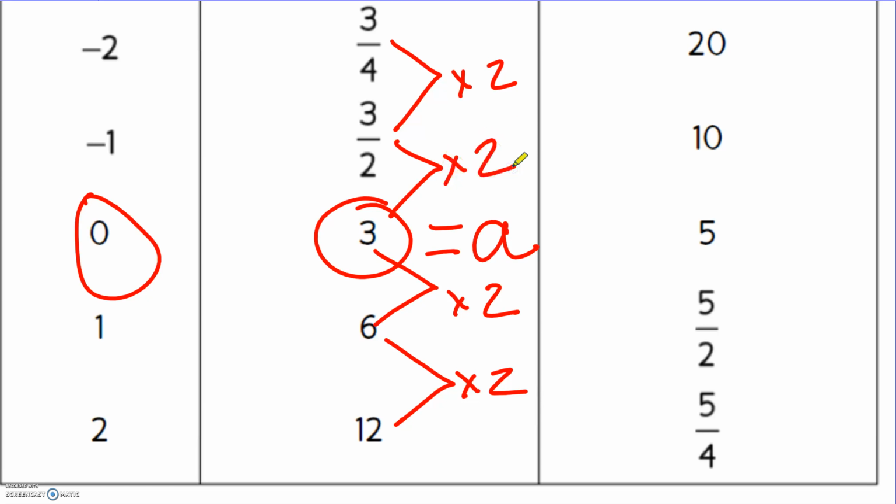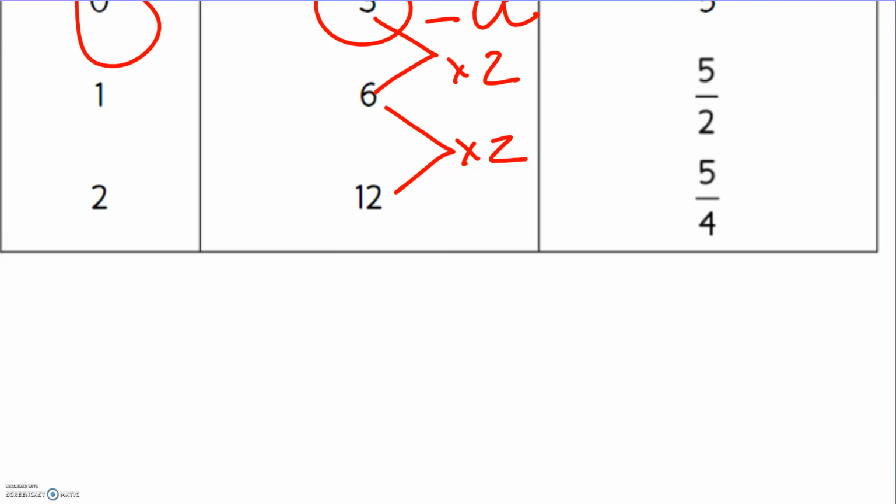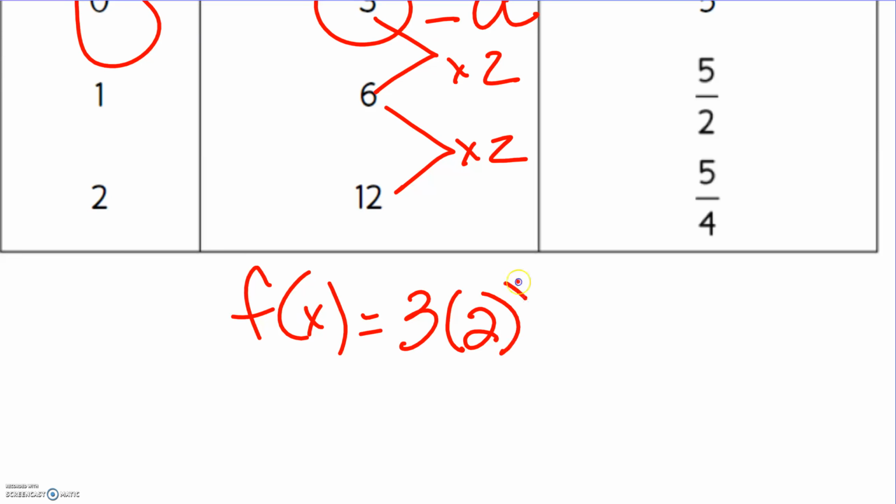So therefore, this 2 is the b value. B is what you are raising to a power each time. So from that, I can tell what my function is going to be here. For f of x, it's a, which we said was 3, times b, which is 2 to the x power.